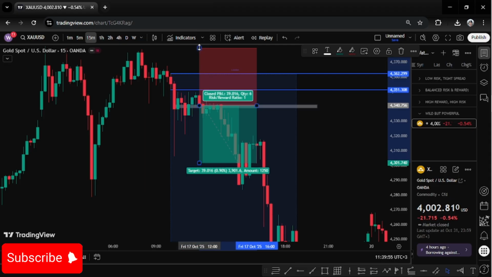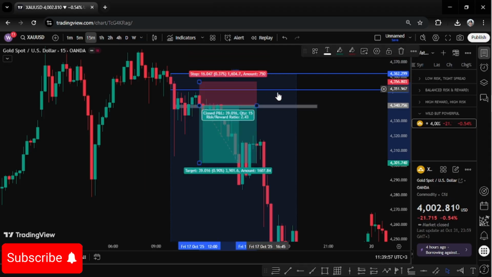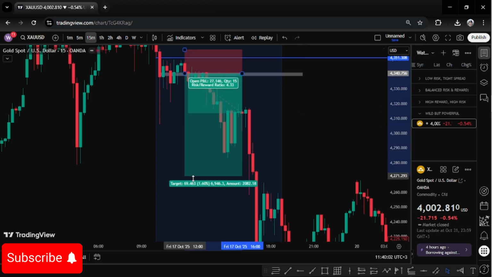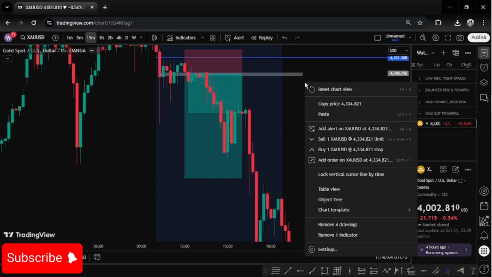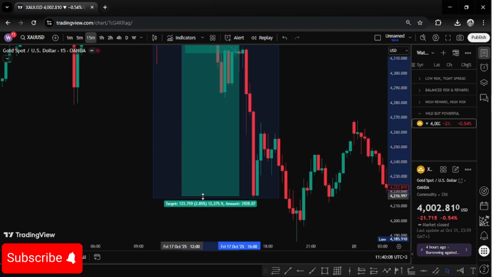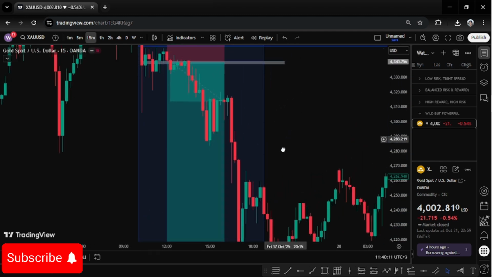Okay, so we marked our 15 minutes highs and lows. There was a breakdown to the downside. We had consolidation there, and after the break of the consolidation we entered.